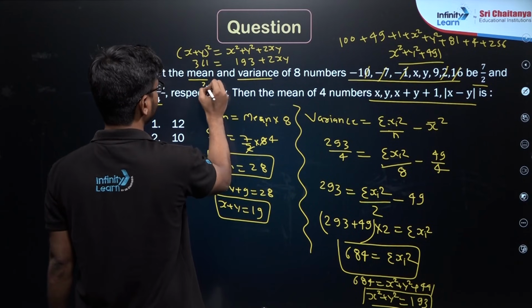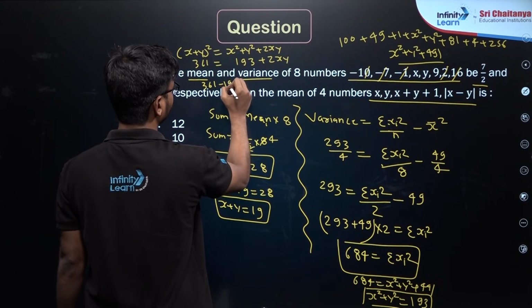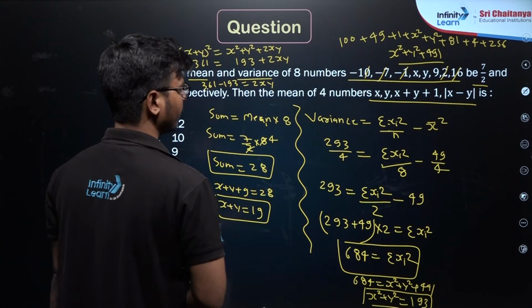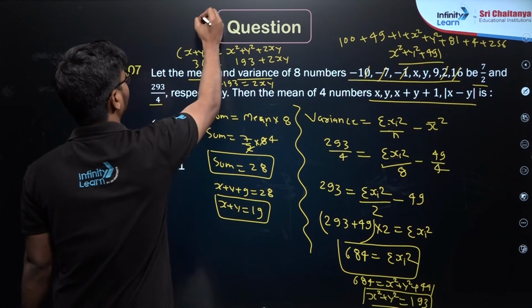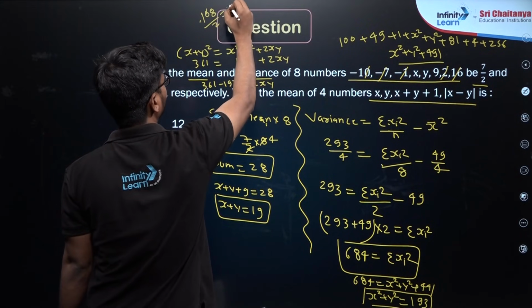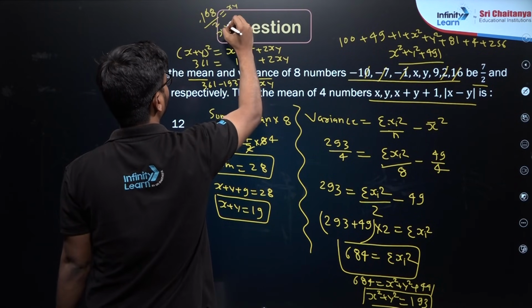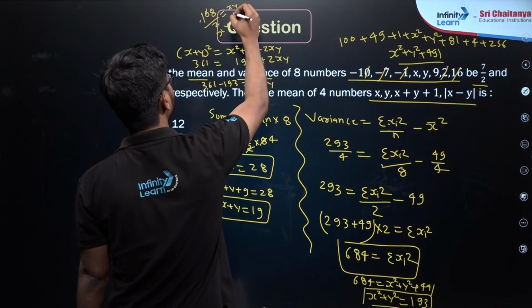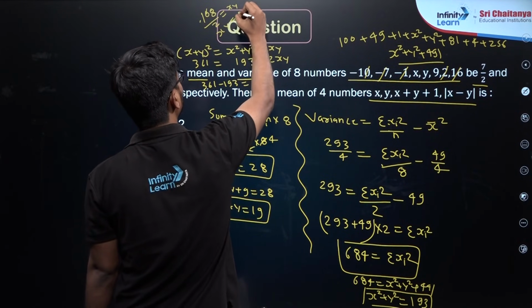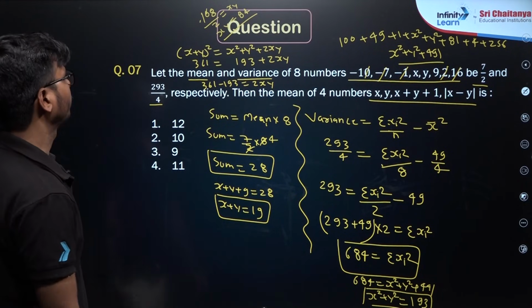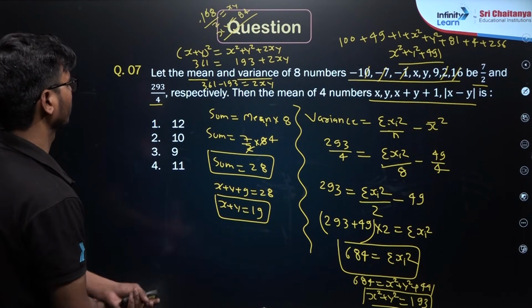So I can write this as 361 minus 193 equals 2 times xy. So further I can write this as 168 upon 2 is equal to xy. So the value of xy is going to be, 2 8s are 16, 2 4s are 8, so we are getting 84. Correct?